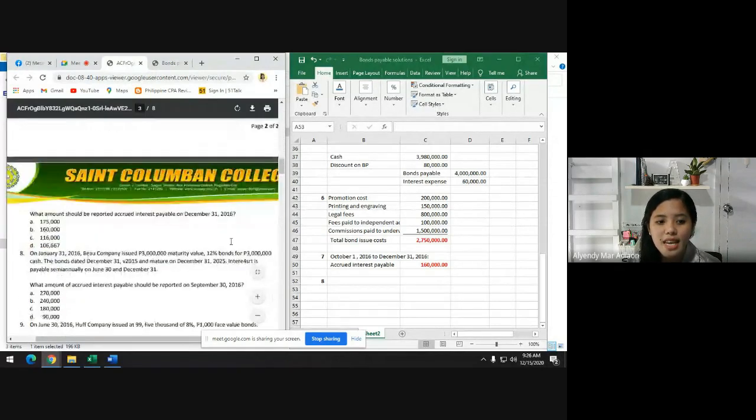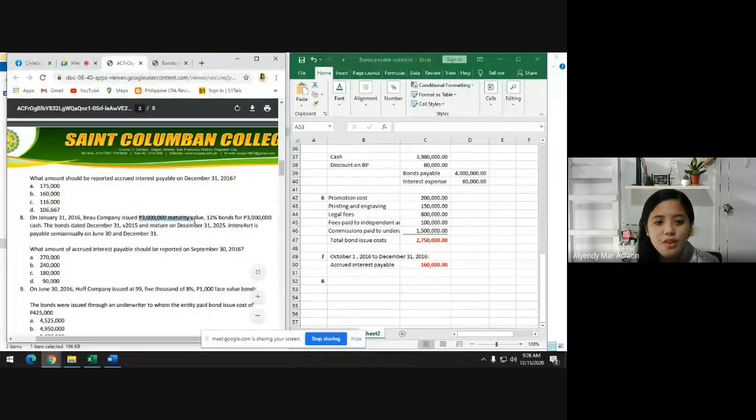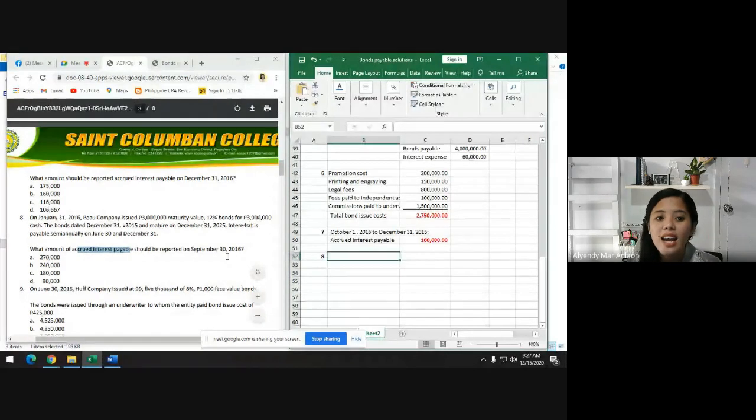So pareho aning number 8. The face value is 3 million. The amount that you receive is also 3 million. So that means there is no premium, there is no discount. Okay? But anyway, the question for this problem is pila daw ang accrued interest payable on September 30, 2016. So take note ha, we will start on the date. Okay, date sa bonds, not the date when it was issued.